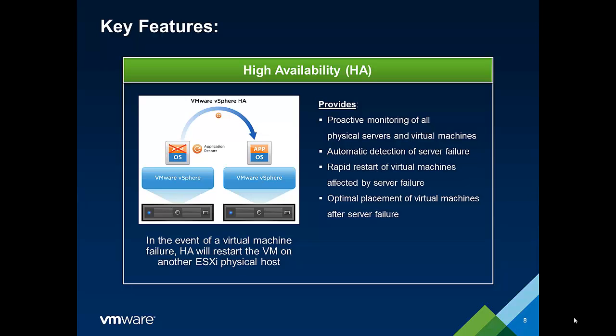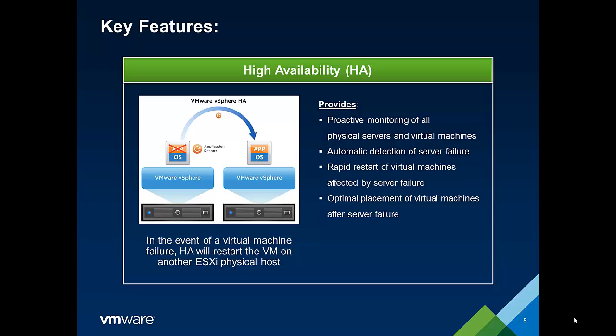So there are some additional key features that we have when we start using virtualization. The first one that we're going to talk about is high availability, or HA. HA gives us the ability to proactively monitor our physical servers as well as our virtual servers or machines. And it will detect if there's some sort of failure within a virtual machine.